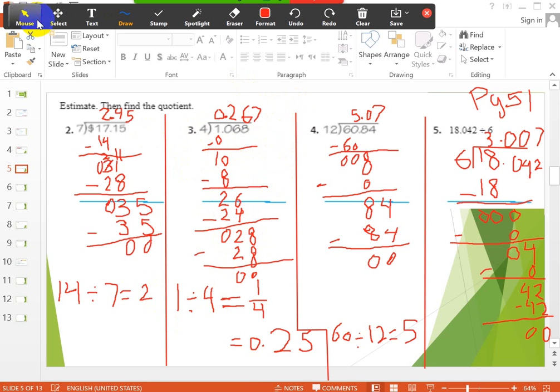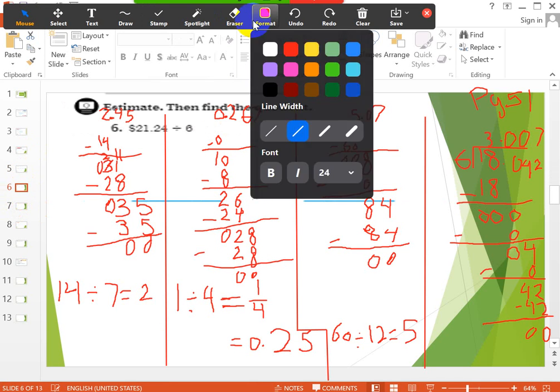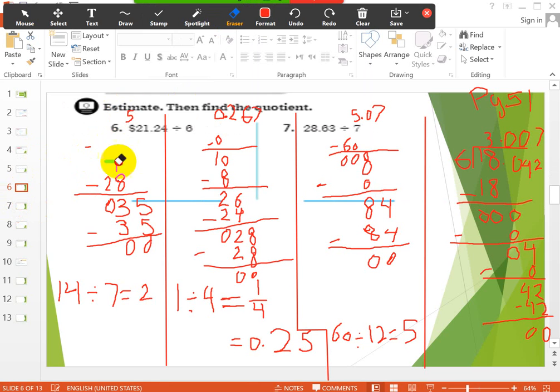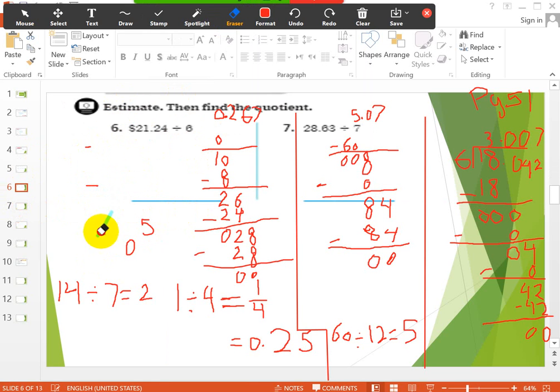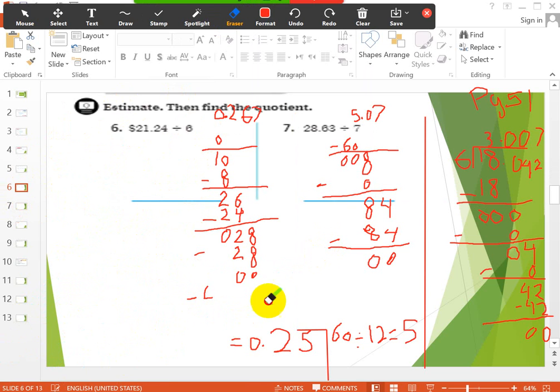Okay? Now we will move to exercise 6. Let's move to exercise 6. I want to divide 21.24 by 6. Let's find the answer.